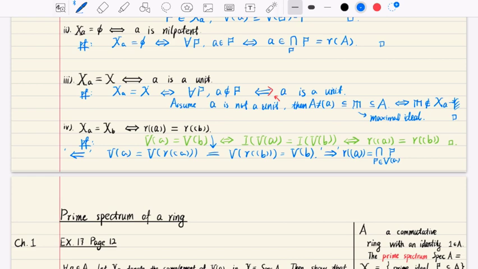And because from this condition we know V(A) equals V(B), this is also the intersection of all the prime ideals of V(B). This is the radical of the ideal generated by B. So we're done.